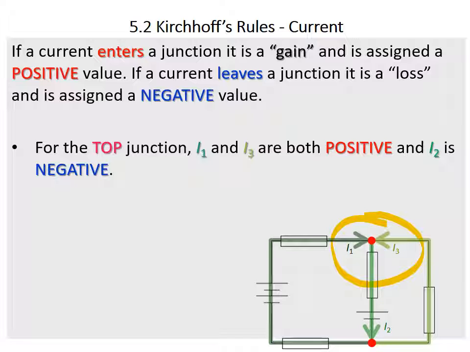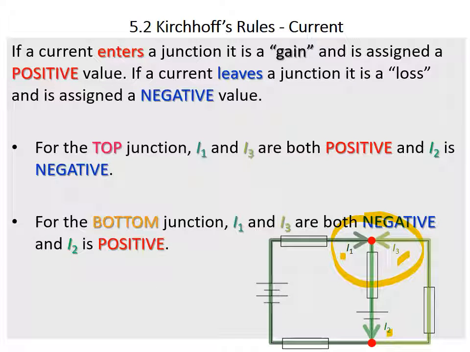We have an interaction between I1, I2, and I3. I1 and I3 are both positive at the junction. I2 is negative because it's coming out. At the bottom junction, I have an interaction again between I1, I2, and I3. I2 is positive at the bottom, and I1 and I3 are negative because they're coming out.